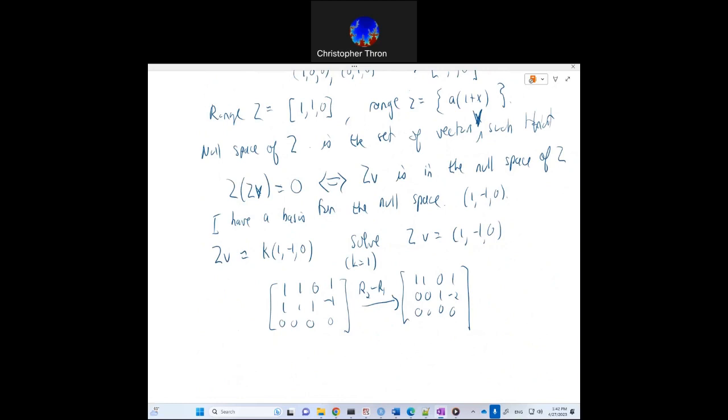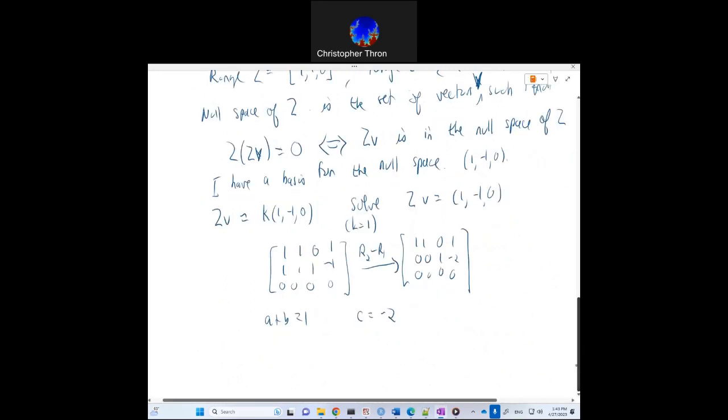So what's my solution? If I'm using A, B, C, I'm going to have A plus B equals 1 and C equals minus 2. So I can choose, for instance, B equal 1, A equals 0. Now you might ask, why can I make a choice?